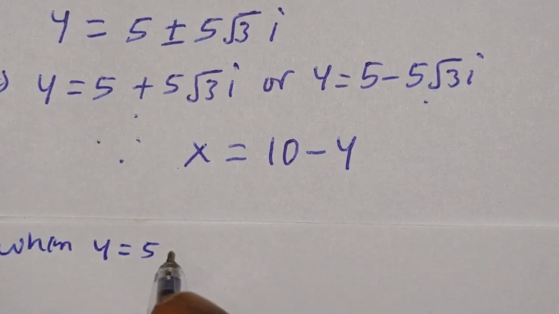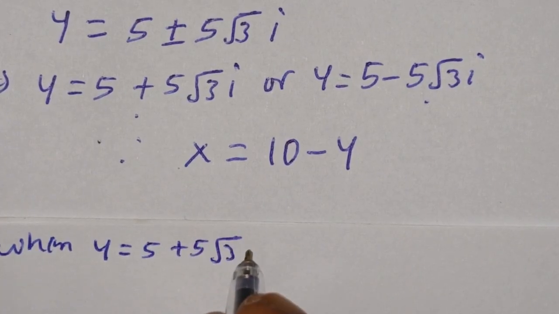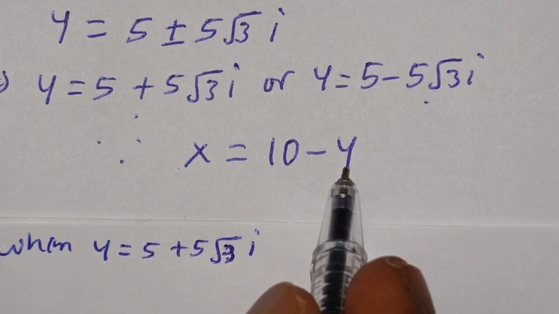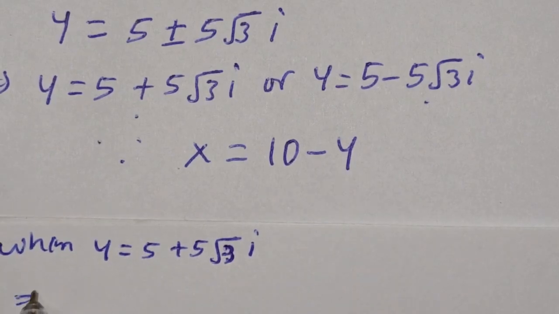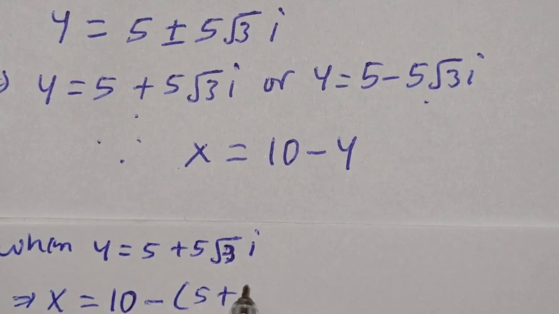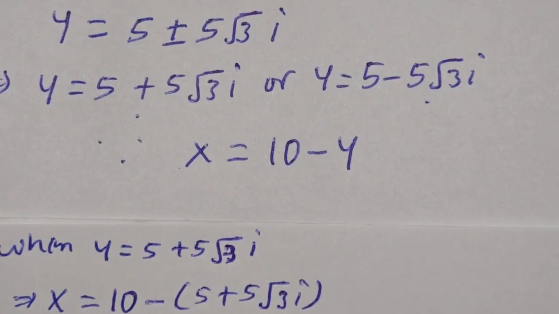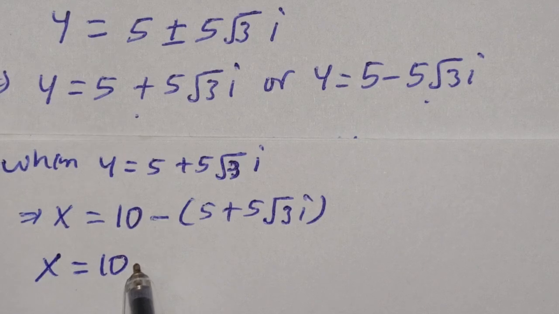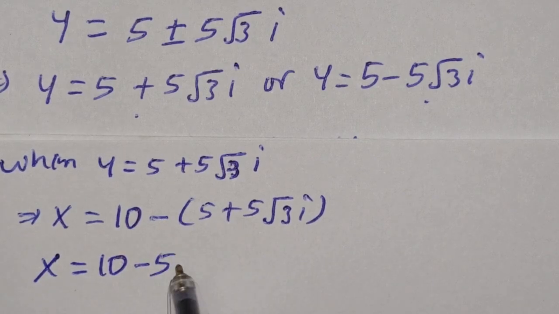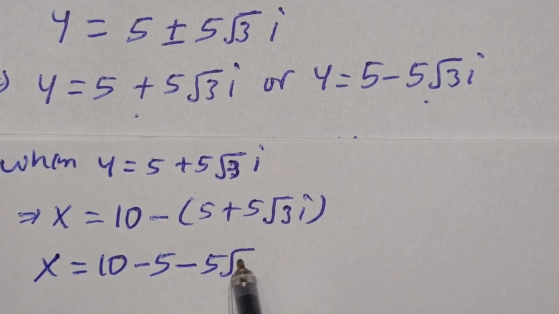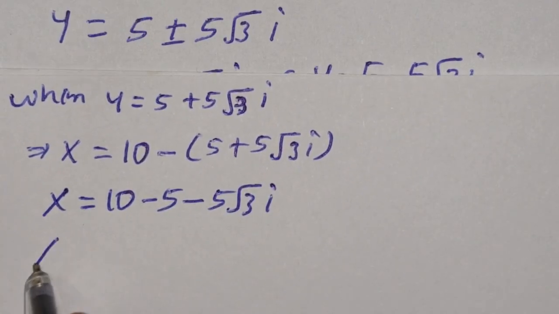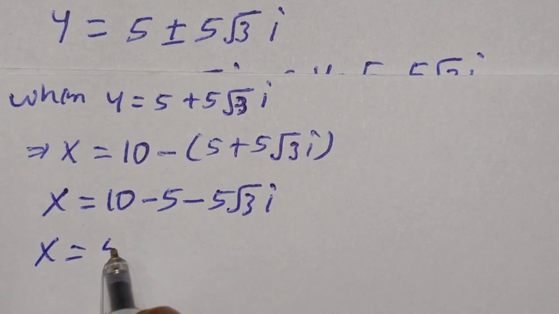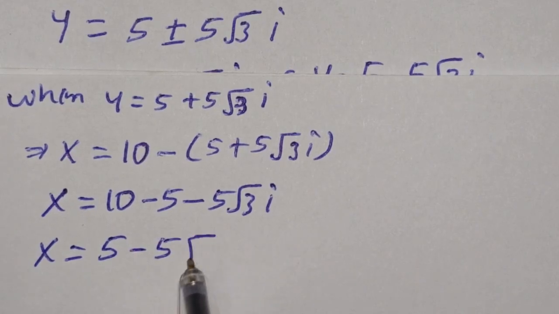When y equal to 5 plus 5 root 3i, in place of y, we write this. This implies that x equal to 10 minus (5 plus 5 root 3i). x equal to 10 minus times 5, minus 5, minus times plus, minus 5 root 3i. x equal to 10 minus 5, that is 5, minus 5 root 3i.